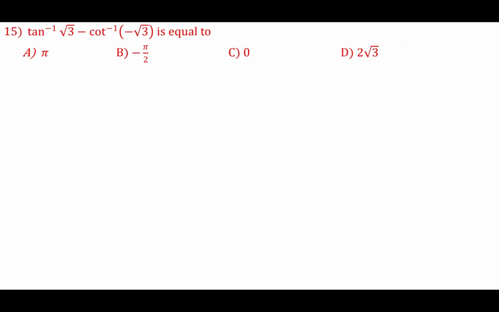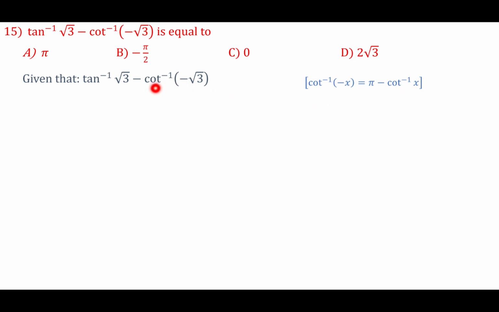Question 15. Tan inverse square root of 3 minus cot inverse of negative square root of 3 is equal to. We have four options. At first, this is given. And we know that cot inverse of negative x is pi minus cot inverse x.